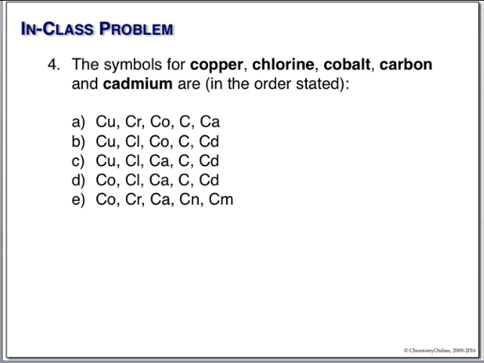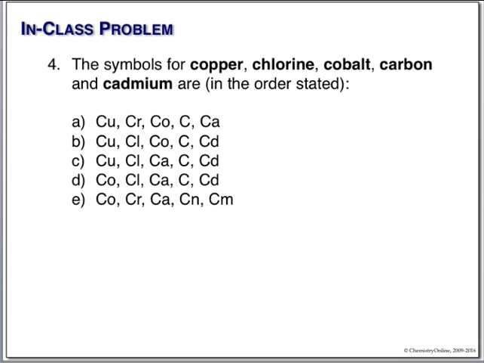All right, just another list. Copper, chlorine, cobalt, carbon, and cadmium. See if you can make some sense of this. Copper is either, obviously, Cu or Co. Chlorine, well, we know what chlorine is.